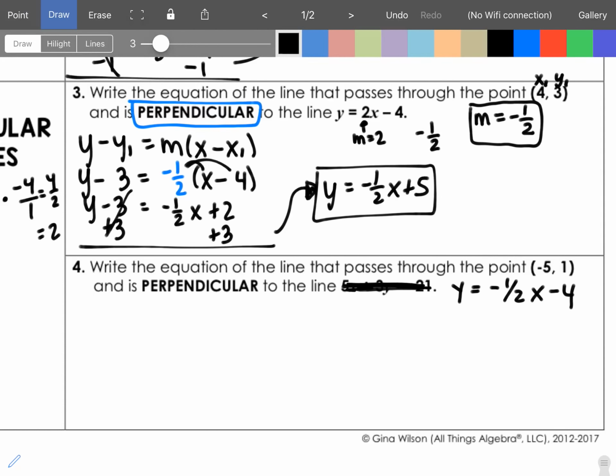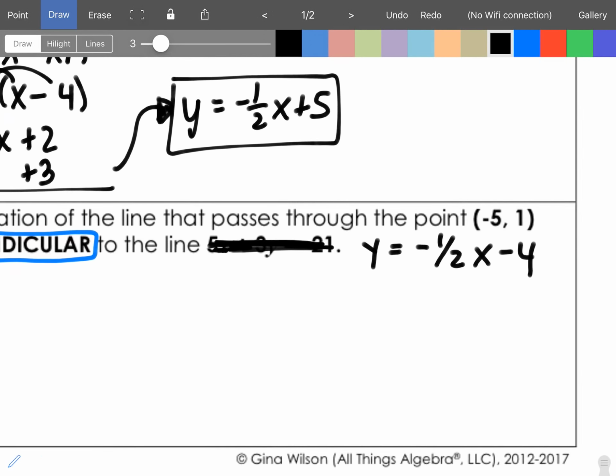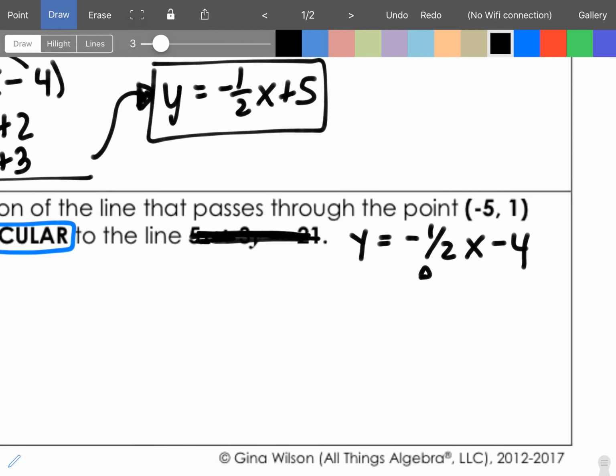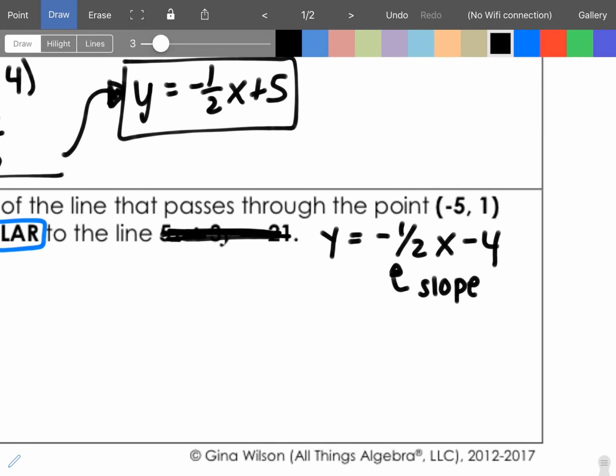All right. Now we have to write an equation of the line that passes through -5, 1, and is perpendicular to this line right here. Y equals -1/2 x minus 4. So the slope on this line is -1/2, I'm sorry. So what is my new slope?